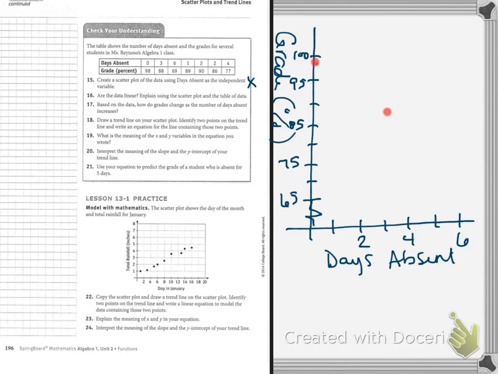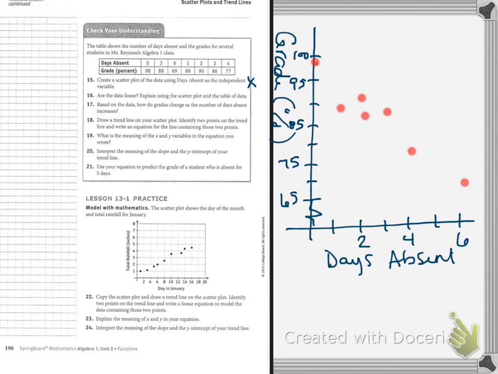If you have grid lines on your paper, it might be a little bit easier. 6 is a 69. 1 is an 89. 2 is a 90. 86. And it's okay, this is not representing a function. We have 2 of the same x values, but that's okay because it's just a scatter plot. 77 for 4. All right, so you can see this is what our scatter plot looks like.